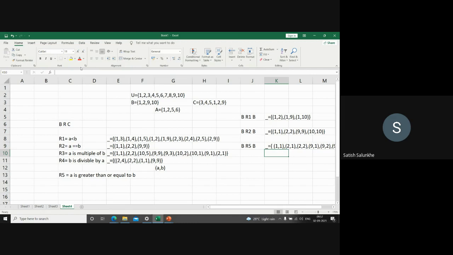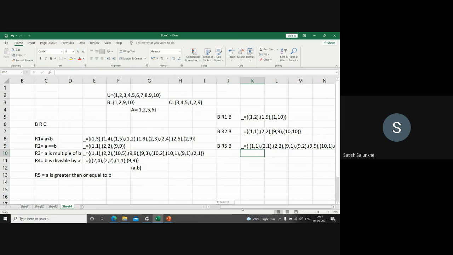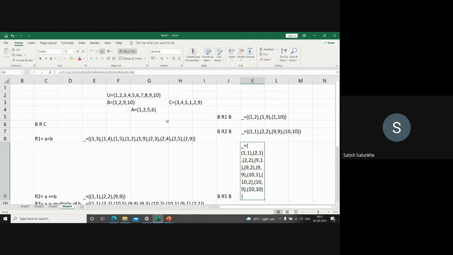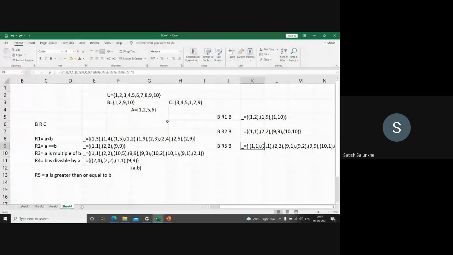Okay, so what exactly do we want to learn from this? What is our property, reflexivity? When the relation R is applied on set B to set B, the same set is acting as a domain as well as codomain.